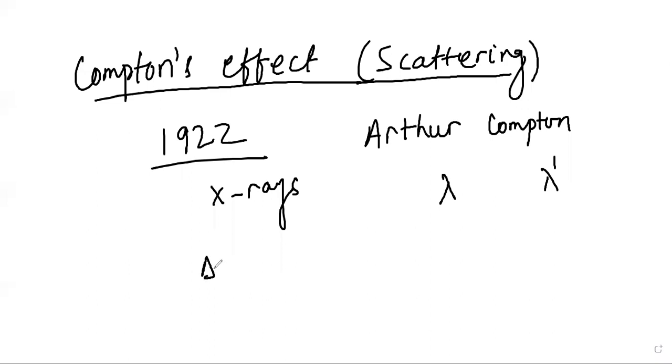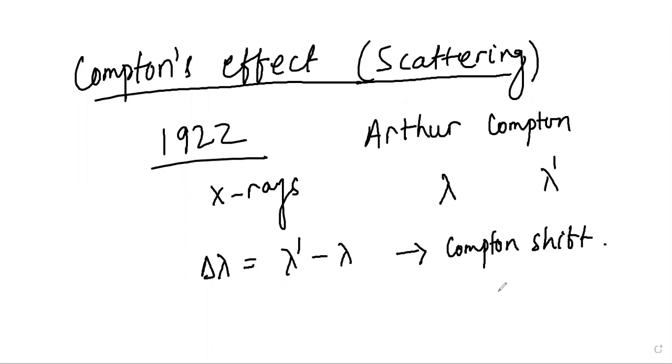The difference between these two wavelengths, lambda prime minus lambda, is known as the Compton shift. And it was found that this del lambda depends only on the angle theta that is made by the direction of the scattered radiation with that of the initial beam.